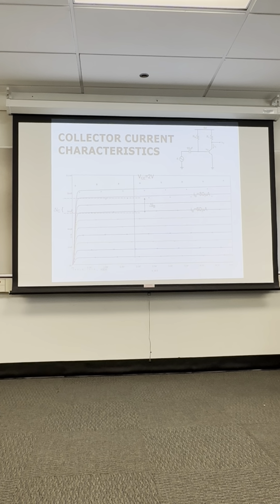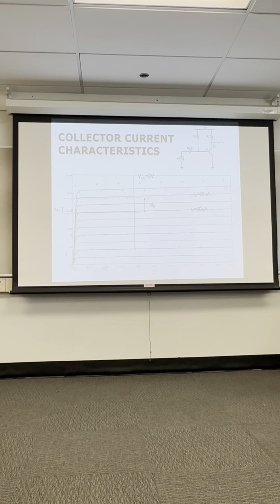This is an example of a curve here. The manufacturer will test thousands of these transistors. On the X axis, this is the collector emitter voltage, going from 0 to 5 volts. And over here, this is the collector current on the y-axis, going from 0 to 10 milliamps. The manufacturer will vary the collector emitter voltage and then vary the base current.